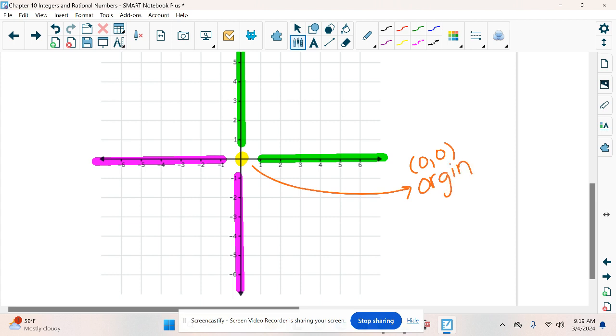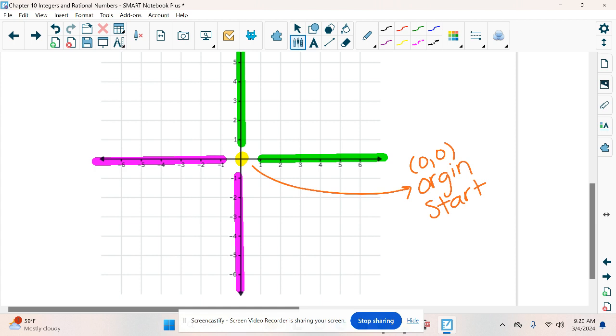It is your origin. Origin means original or the start, the starting place. Okay, that's where we start. Every single time we start at the origin.